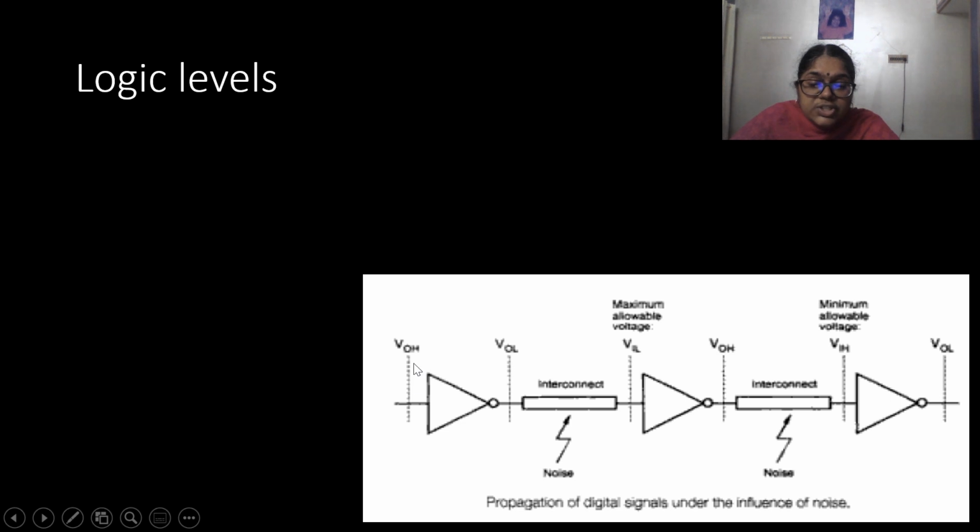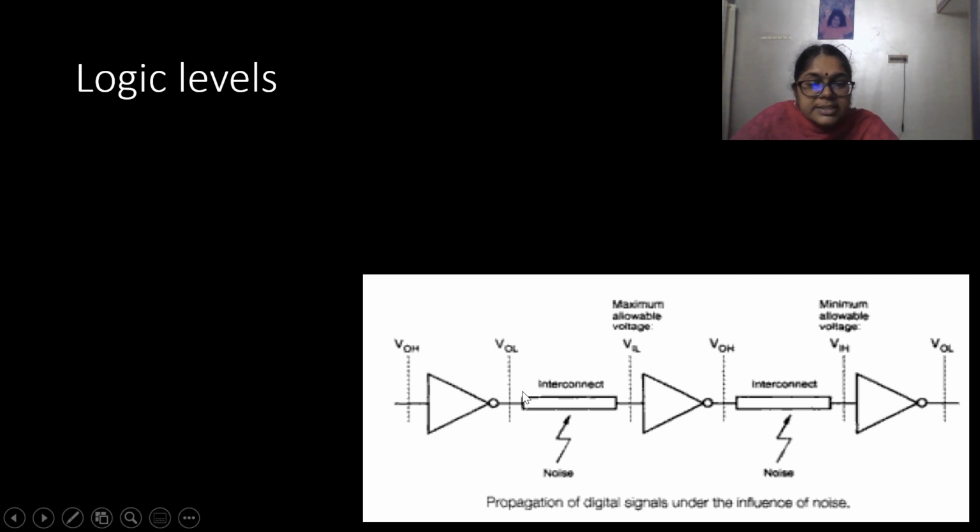Now VOH, that is logic 1, is the voltage applied at the input of the first inverter. So logic 0 or VOL is the voltage which we get at the output of the first inverter. So this logic 0 or VOL has to be transmitted through this particular interconnect to the input of the next NOT gate.